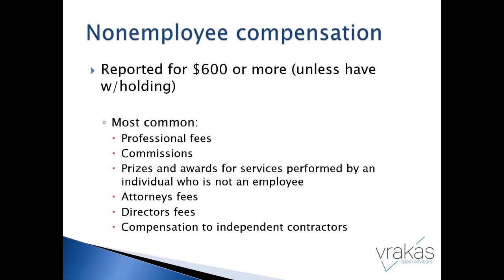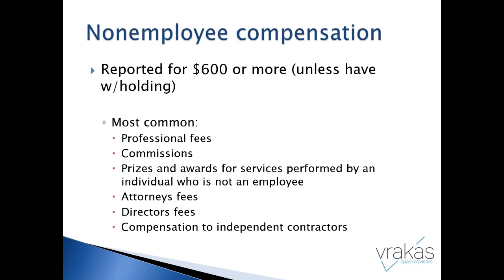Typically, items that are reported in a 1099 NEC are professional fees, architectural fees, engineering fees, computer consulting fees, accounting services, any range of things, as long as they're not, again, your employee. Then you have commissions to salespeople.